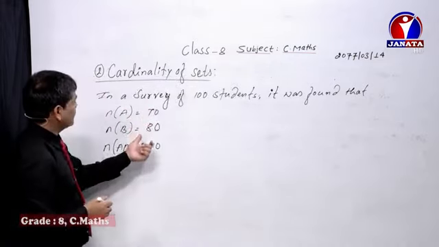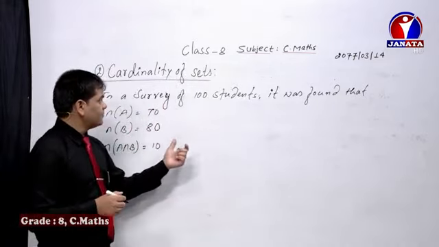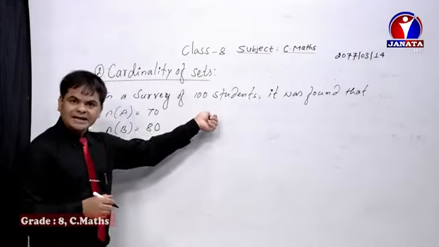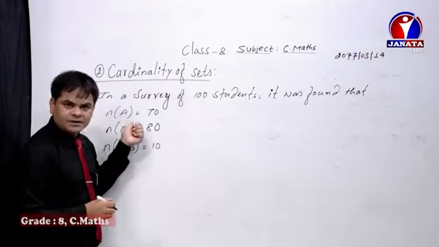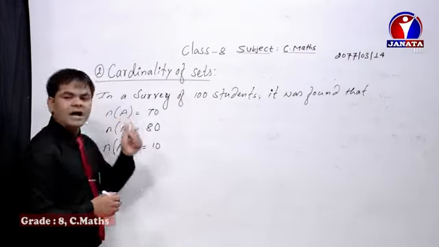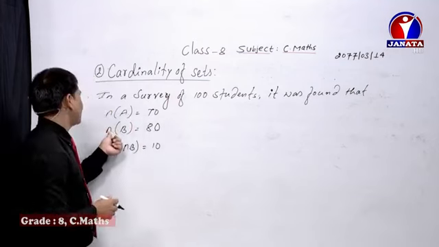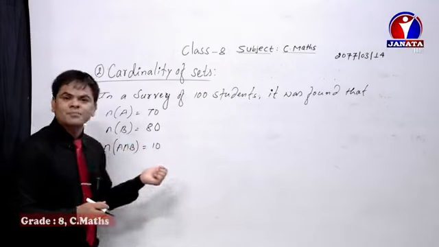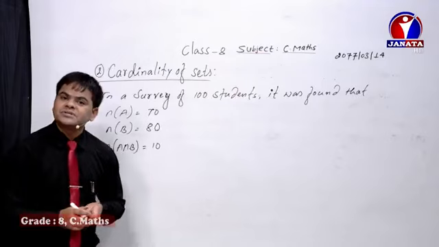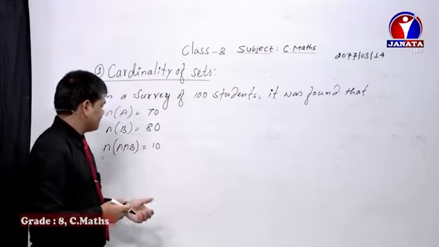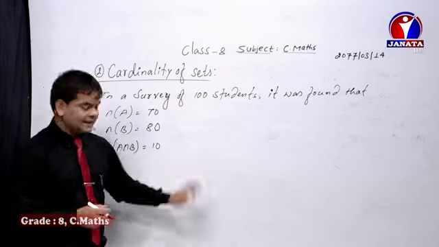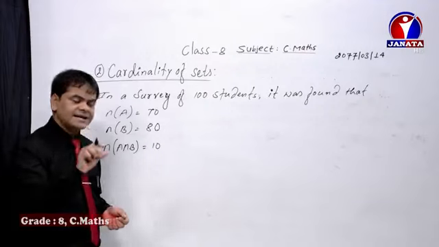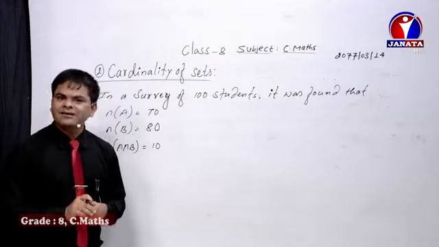After writing the information in short form, like total number of students surveyed, n(U) equals 100, then the number of students who like apple as 70, the number who like banana as 80, and the number who like both fruits as 10. We need to write all this information, and then write a sentence and underline it, representing the above information in a Venn diagram.